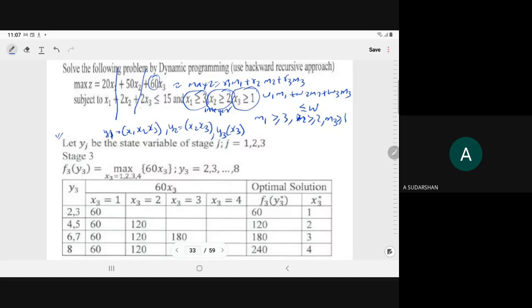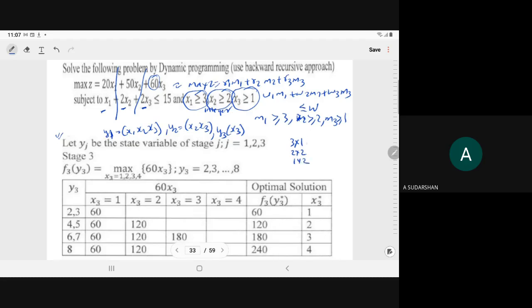It means that is the minimum space you require. If the unit weights w1, w2, w3 are 1, 2 and 2 respectively, and the minimum number of items you require is 3, 2 and 1 respectively, then the minimum weight you require is 3 into 1, 2 into 2, and 1 into 2.